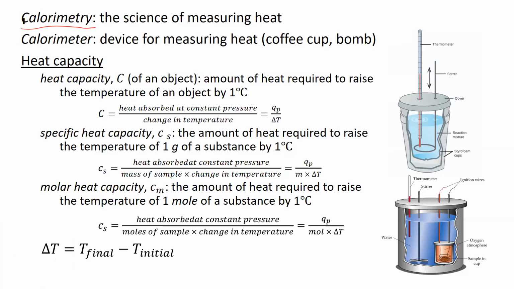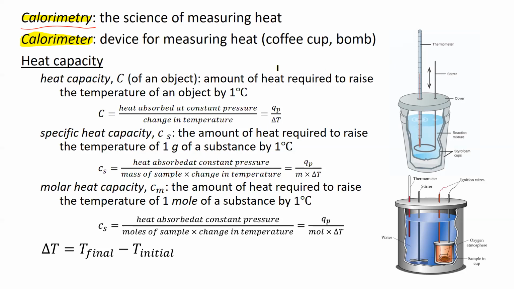A calorimeter is an experiment or a device used in calorimetry to measure heat or to measure energy changes of a system. Oftentimes when we measure the energy change of a system, we're doing so by measuring the surroundings.